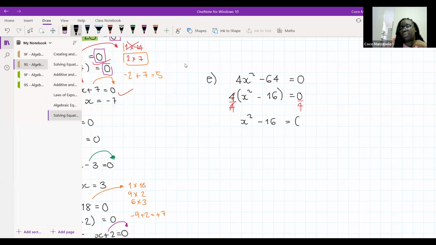Good. Haralo is asking, where did we get the 16? If I divide 64 by 4, Haralo, what is 64 divided by 4? Okay, all right. Now, Chief, we can do a difference of 2 squares. Do you agree?